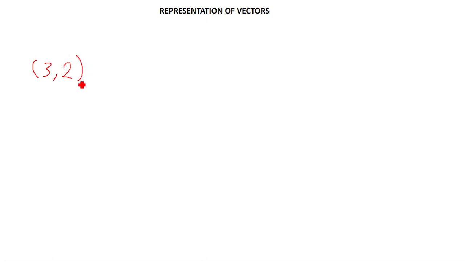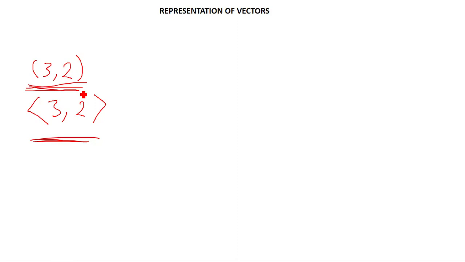This can just be a point, but when you see 3, 2 in these types of brackets, ⟨3, 2⟩, then this is a vector. So this is a vector and this is a point. Do not confuse the two.